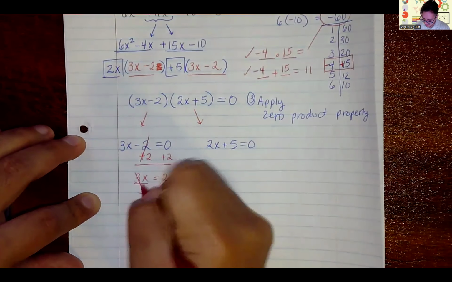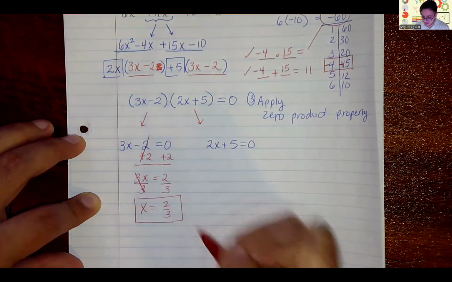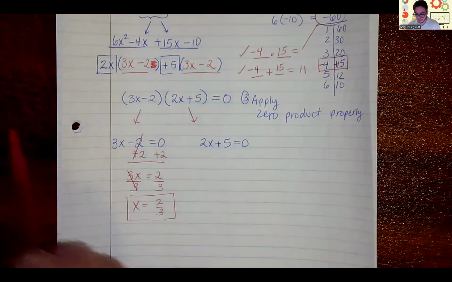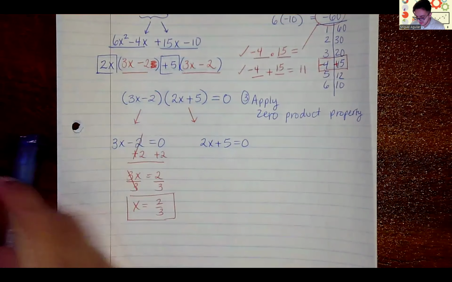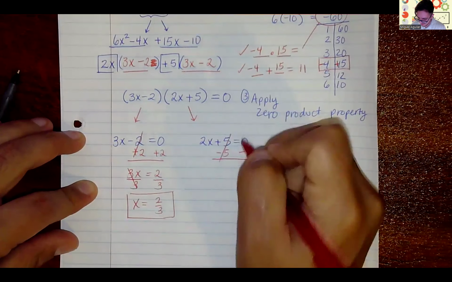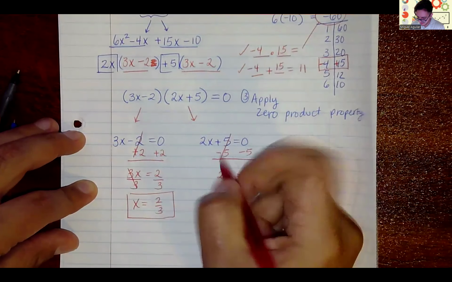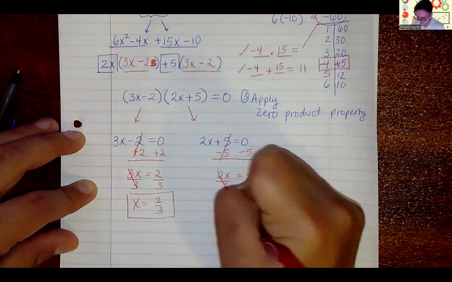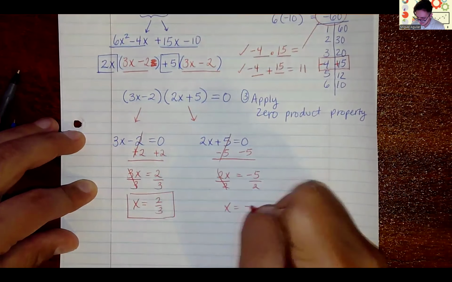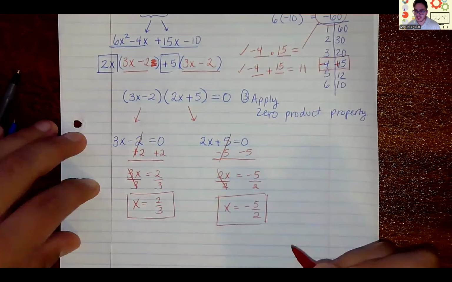And now that we have x by itself, 2/3 is one of your solutions. Then we can go over here and say, let's subtract 5 from both sides. Cancel out that 5. We have 2x is equal to negative 5. Divide by 2, divide by 2. And now we have x is equal to negative 5 over 2, which is your second solution.